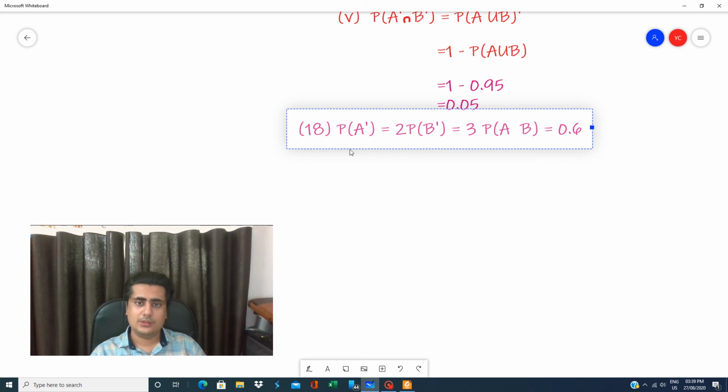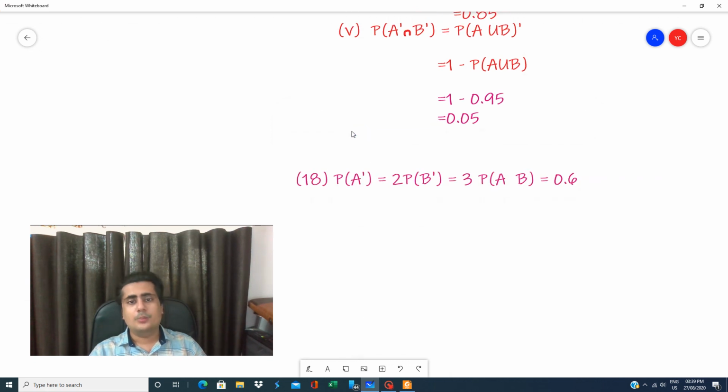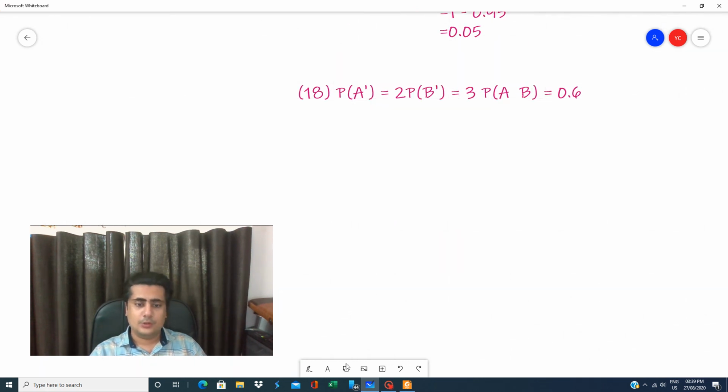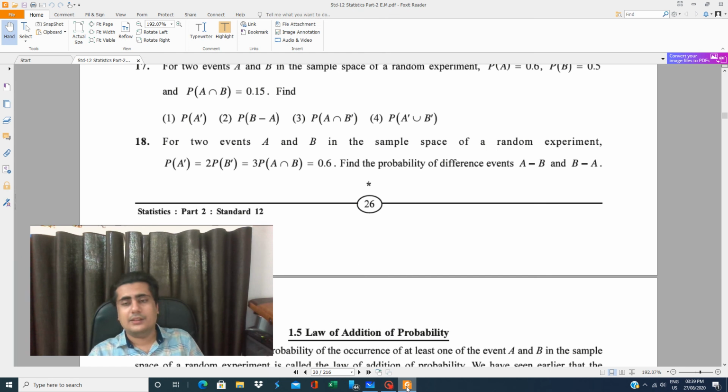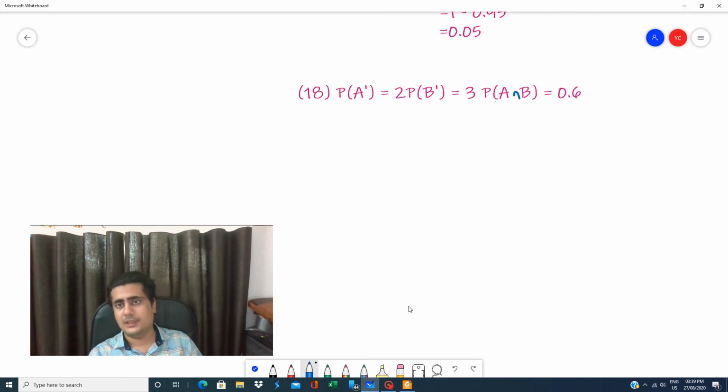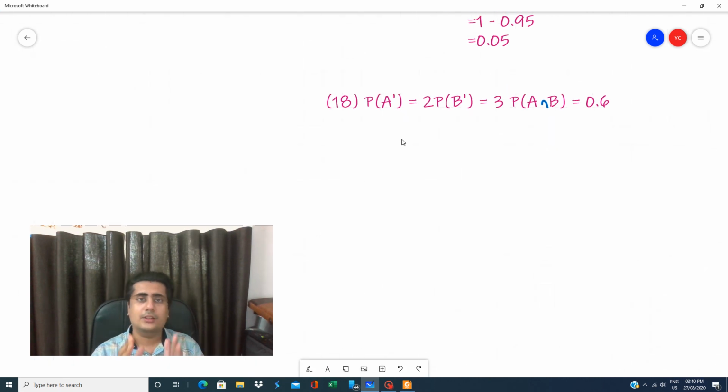So this is the question for you. They have asked you to find A minus B and B minus A. So we are coming to A minus B and B minus A. First of all, let me tell you this type of question: P of A dash is equal to 2P of B dash is equal to 3P of A intersection B is equal to 0.6.